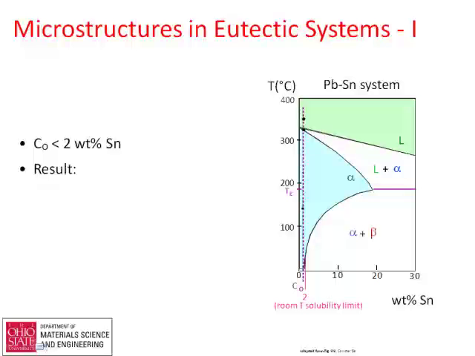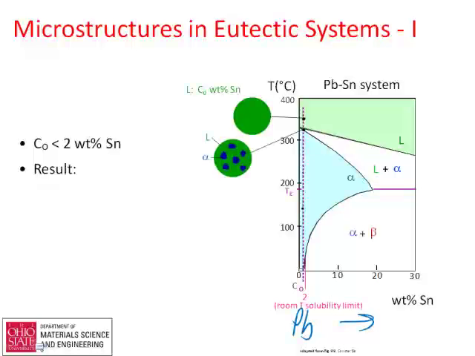Okay, so that's what the phase diagram tells us we are going to get. Let's now consider what we get with microstructures with these materials. This is the lead-tin system. Let's consider we just have 2% tin here, and consider the different locations. At the highest temperature, it's all liquid. Here we start to solidify.